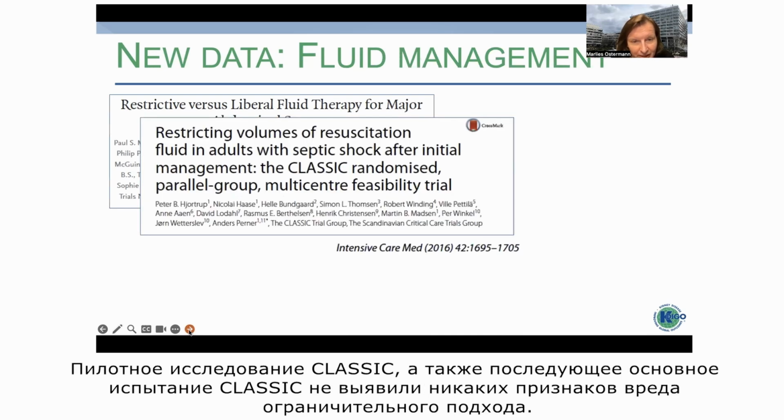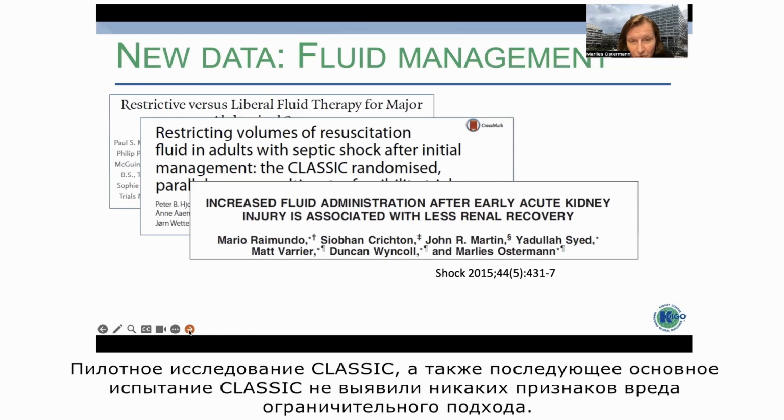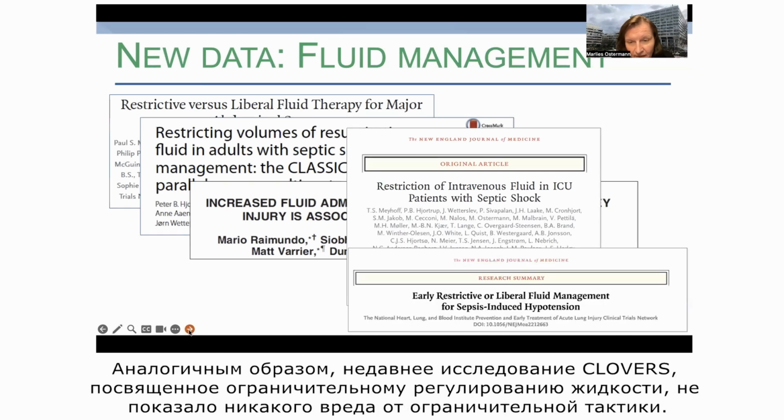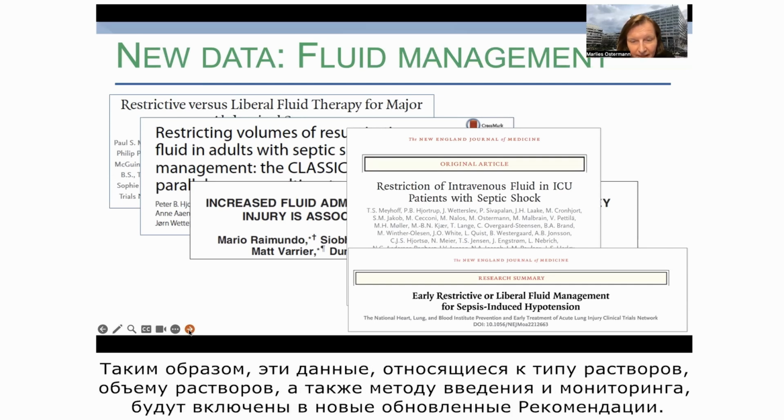The subsequent CLASSIC feasibility trial and also the subsequent main CLASSIC trial showed no signal of harm. Similarly, the recent CLOVERS trial, looking at restrictive fluid management, showed no harm from restrictive management.